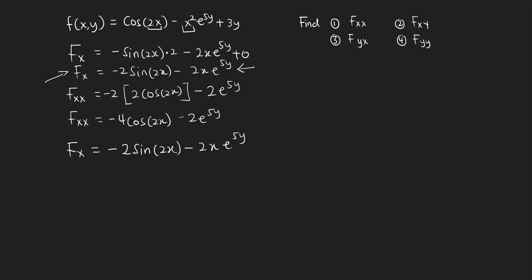So that's f_x, right? That was differentiating the function with respect to x. Now from what you have here, we are going to differentiate this with respect to y. So let's look at that. That gives us f_xy.